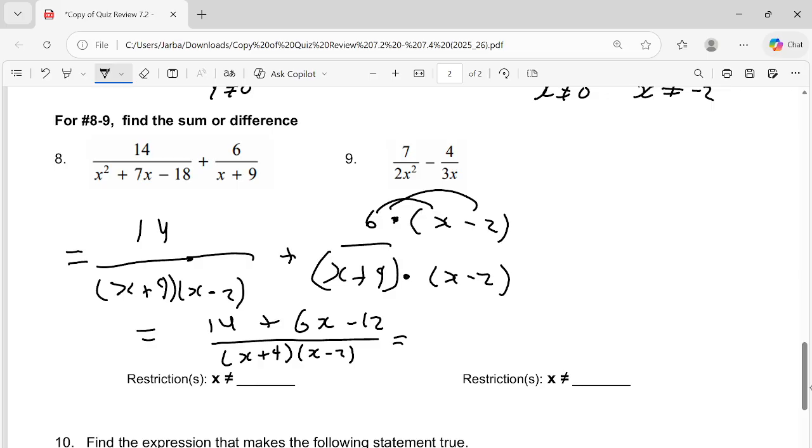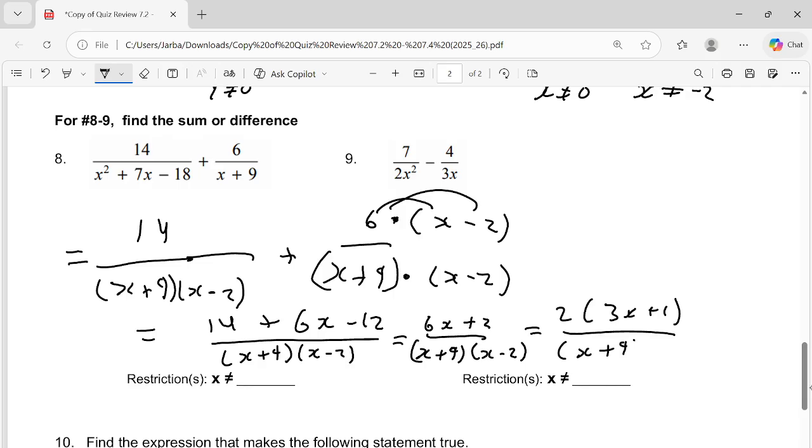That's going to be 6x plus 2 over x plus 9 times x minus 2. And let me just factor out that 2, because why not? 2 times 3x plus 1 over x plus 9 times x minus 2.